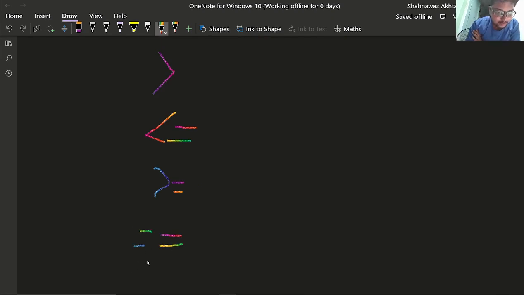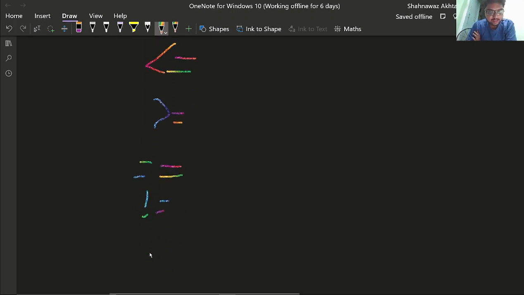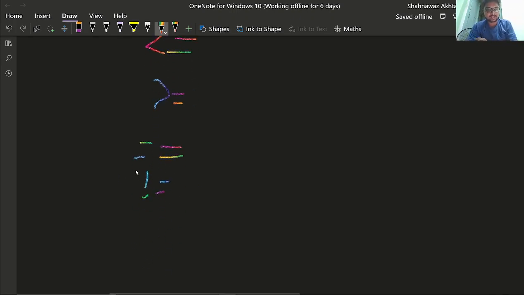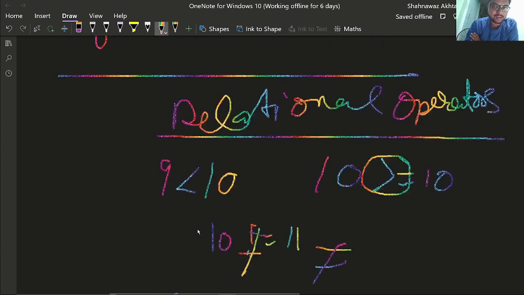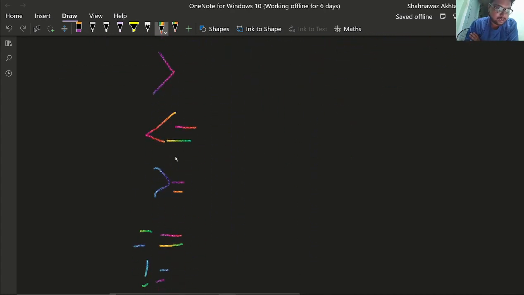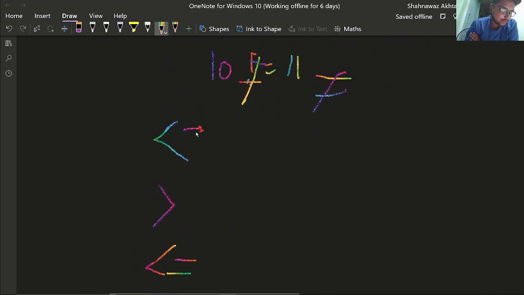This symbol, the exclamation mark, is the not symbol. So what is the less than operator? If A is less than B, then it will return true. Otherwise, it will return false.